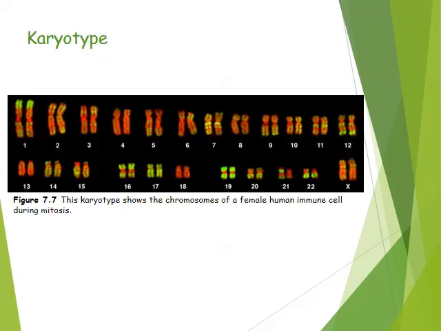This diagram shows a karyotype. A karyotype is an arrangement of chromosomes in order. As I mentioned before, the autosomes are the first 22 pairs of chromosomes, and the 23rd pair are the sex chromosomes. Here we can see that this individual is a female. There are 2 X chromosomes present.